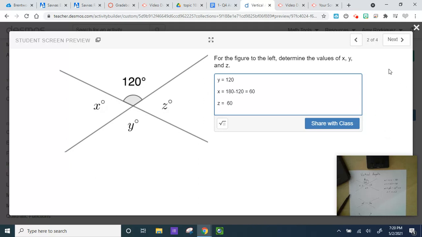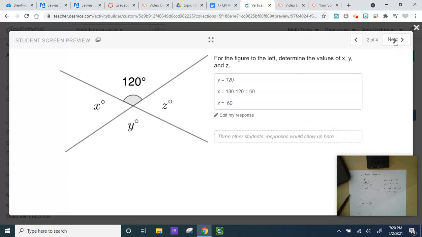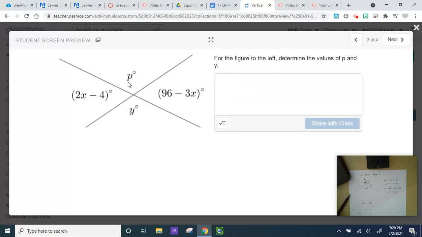What does it get? Okay, no one in my class right now, so I don't really need to share it. Here we get a little bit of harder problems, obviously, but we do know that P and Y are exactly the same. And we do know that this angle and this angle right here is exactly the same. So you guys have the skills to write that equation and work it out because you know how to deal with equations with variables on both sides.